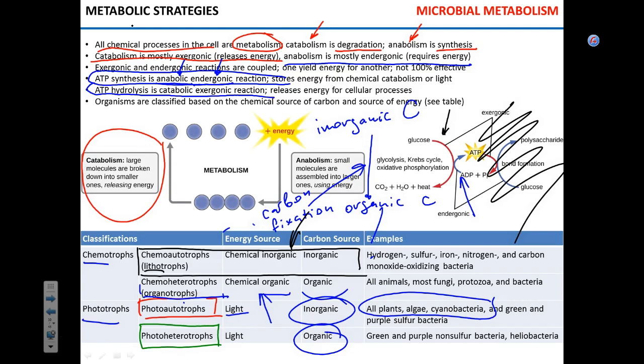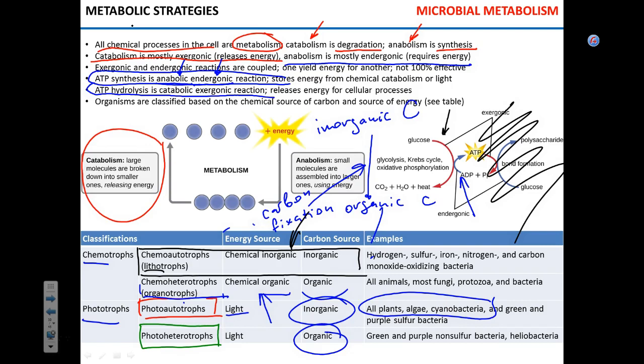But I want to look at this specific type of microorganisms, and from the name, try to figure out what would be the environment in which these microorganisms thrive. So first of all, they're using an inorganic chemical source of energy. What are the alternatives? We could use an organic source of energy, or they could use light, right?